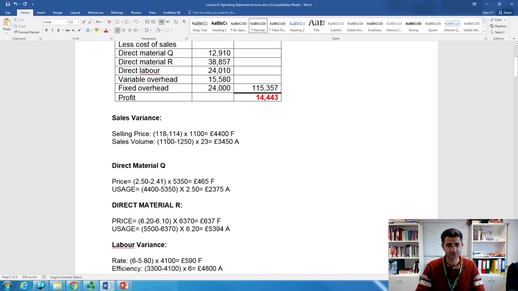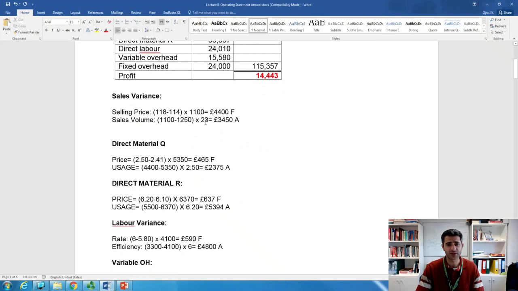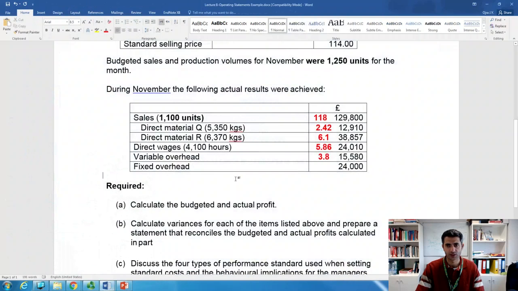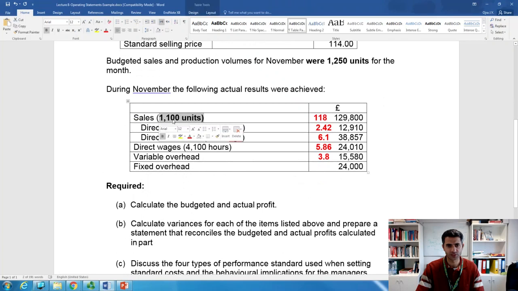So again, the actual selling price per unit, 118 pound, minus the budgeted selling price per unit, 114 pound, multiplied by the actual sales units, which equal 1,100 units.